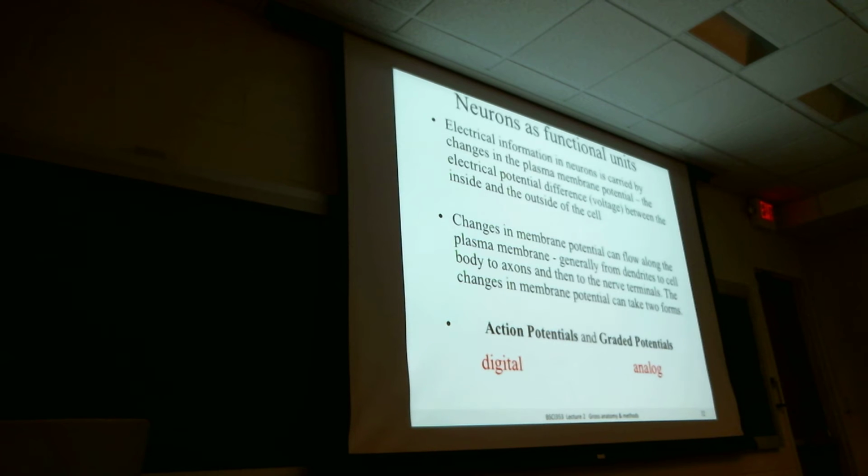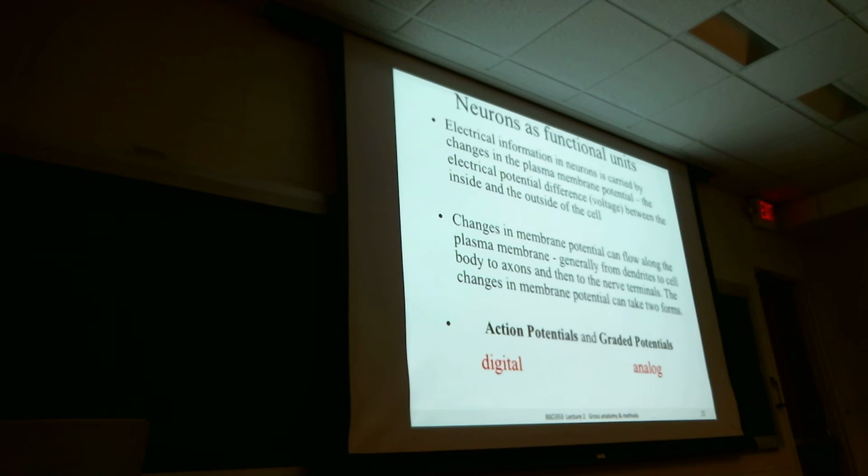Okay, so electrical information. The brain is an electrical device, essentially. So neurons convey electrical information via changes in the plasma membrane potential. All cells generally have some sort of potential, but neurons have membrane potential, and they have active membrane potential. So the electrical potential difference, there's a difference between the inside and the outside, and this membrane potential can flow.